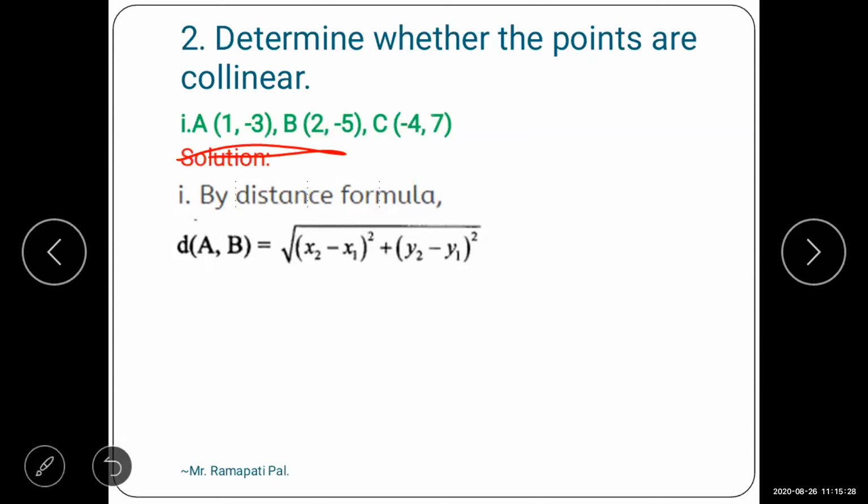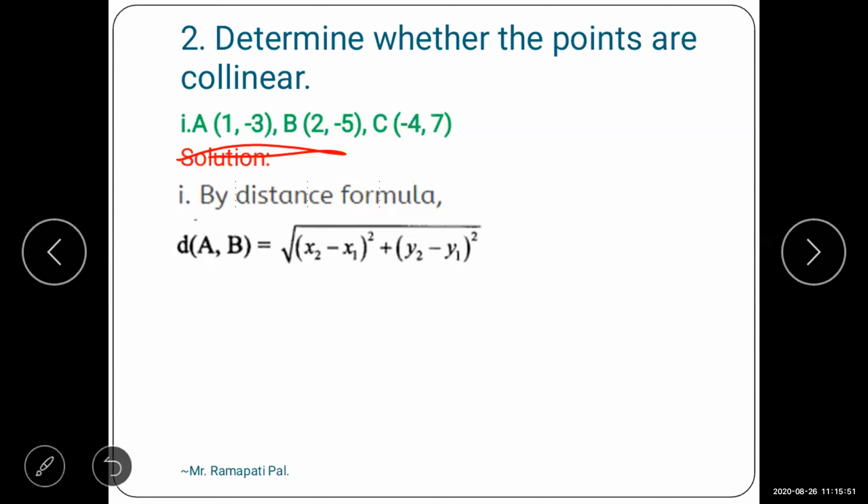Now substitute these values in the distance formula. You have pen and pencil with you and a rough copy, so substitute so that you get the answer fast.